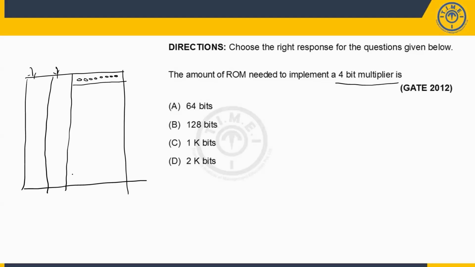How many combinations do we have? We'll have the combinations from 8 zeros to 8 ones. We need to put for every combination 0, 0, 0, 0 and 0, 0, 0, 0, starting from 0, 0, 0, 0 to 1, 1, 1, 1, 1, 1, 1, 1.